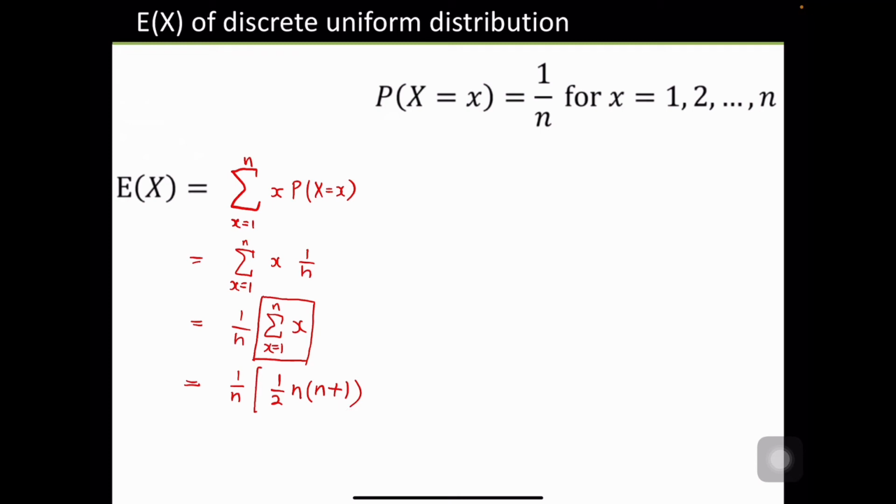So right here. And so now, the 1 over n cancels out, and we are left with a half n plus 1.